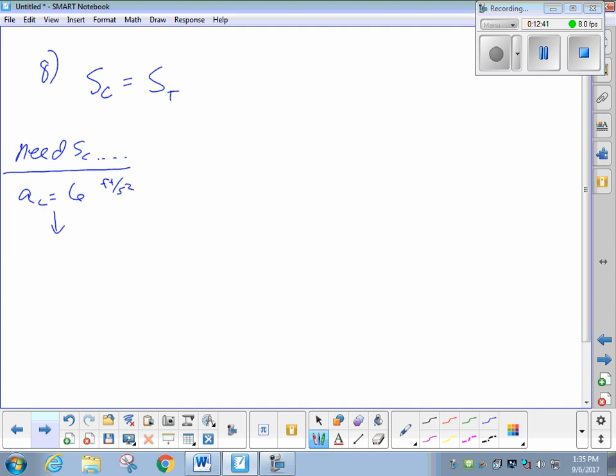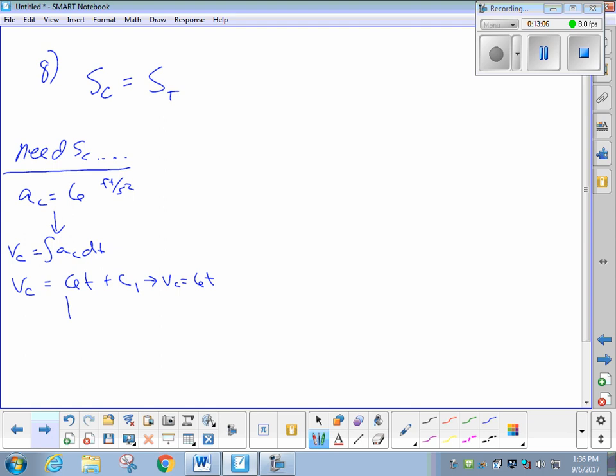All right, antiderivative of acceleration would give you velocity of the car. So that would be 6t plus an initial condition. Do you have an initial condition or velocity at some time? At the starting point, the car is moving or not moving? Not moving, so that implies that the velocity of the car is just straight up 6t.